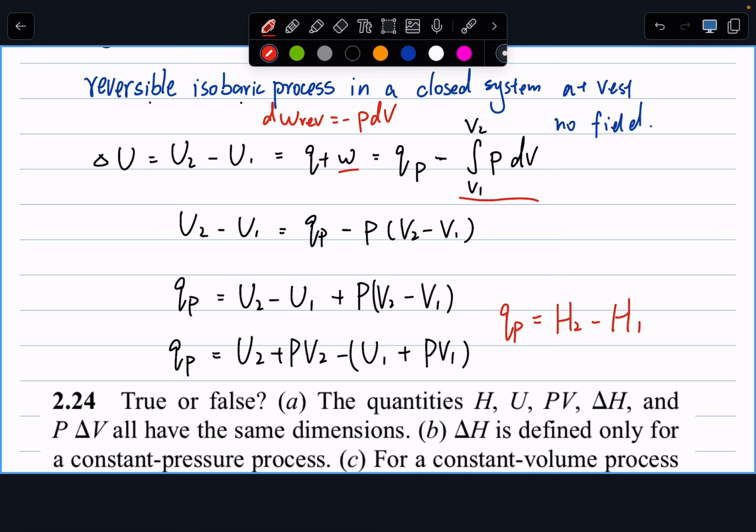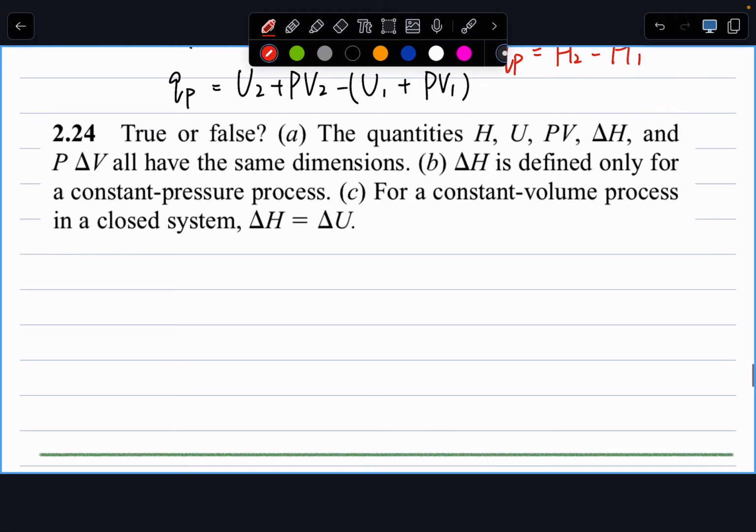The type of question we will encounter in this part, since we're talking about definitions and physical meanings, are these kinds of true and false problems. So again, let's look at it together. The first question asks: the quantities H, U, PV, delta H, and P delta V will all have the same dimensions.